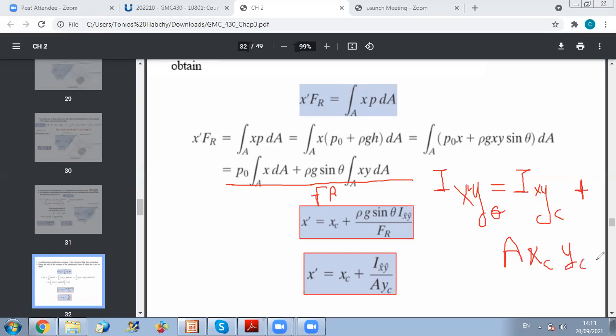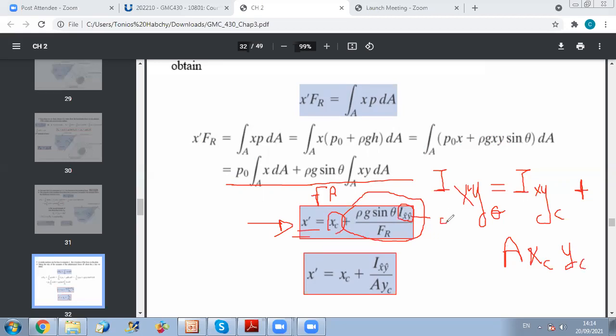Using this parallel axis theorem, you can find this expression for x prime. So x prime is x of c plus rho g sine theta Ixy with respect to the centroid.